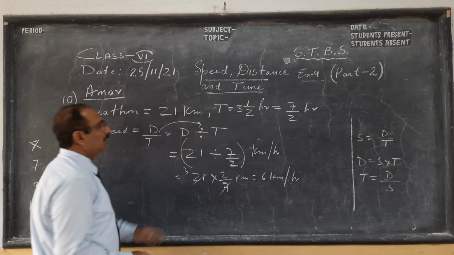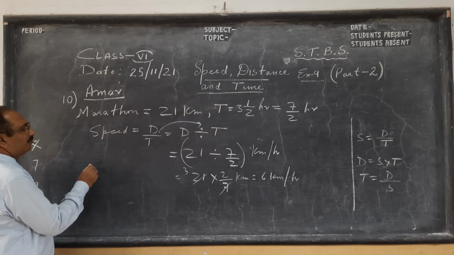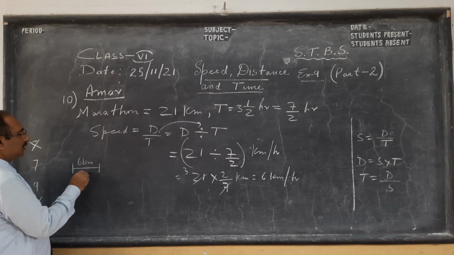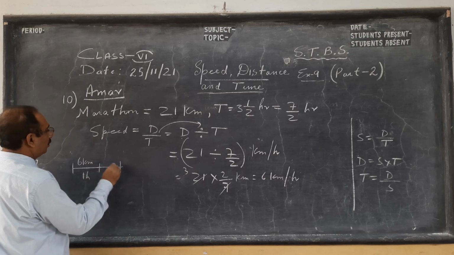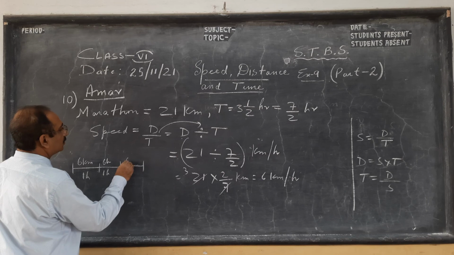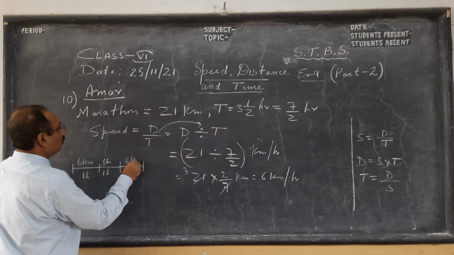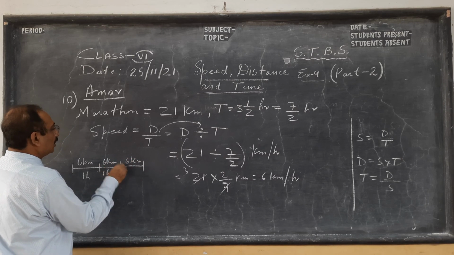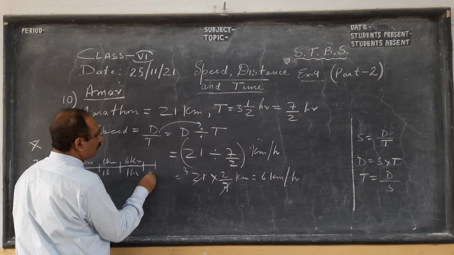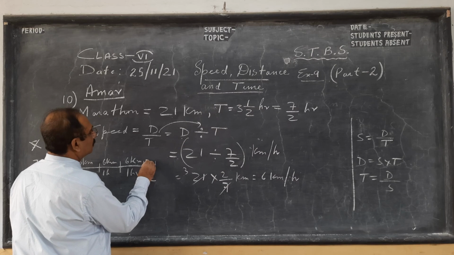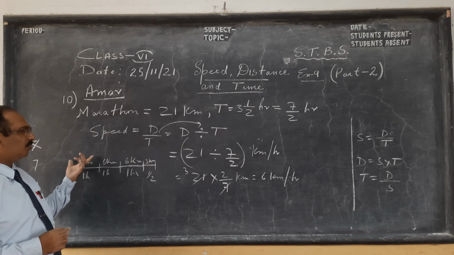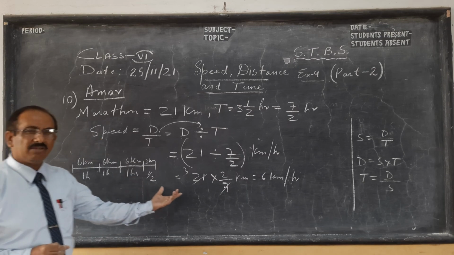So see how with simple logic we will know in 3.5 hours, so you can verify your answer. 1 hour he runs 6 kilometer, another hour he runs 6 kilometer, another hour he runs 6 kilometer. So 3 hours he is 18 kilometer, and then in half an hour he runs 3 kilometer, half of 6. So once you get the speed, children, just I'm verifying the answer.